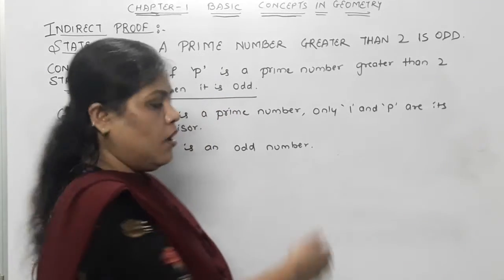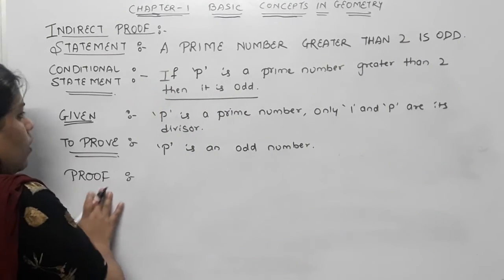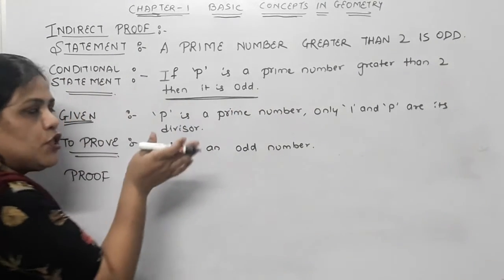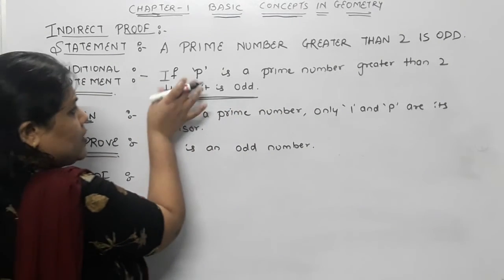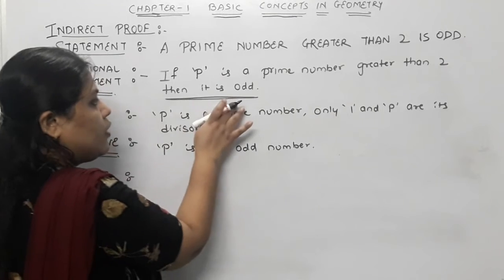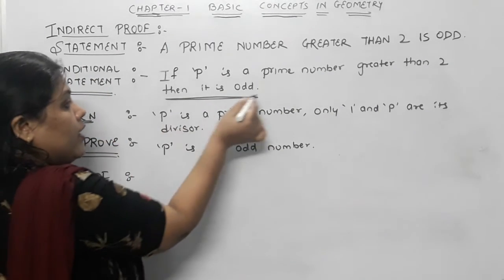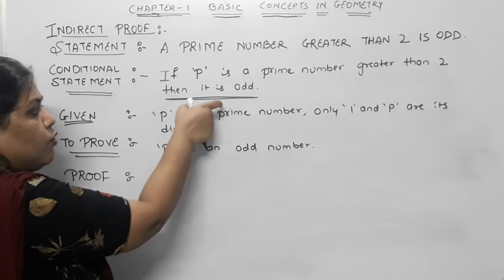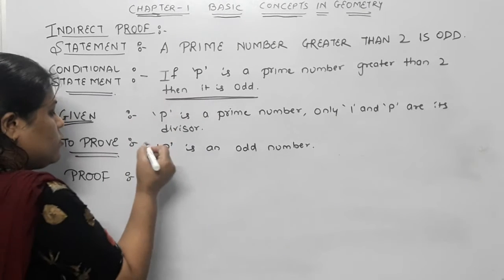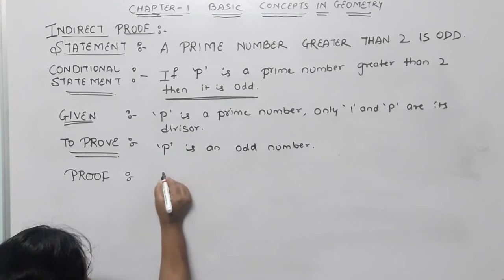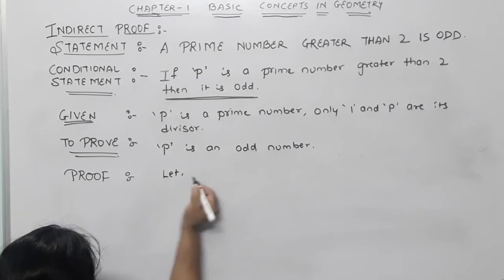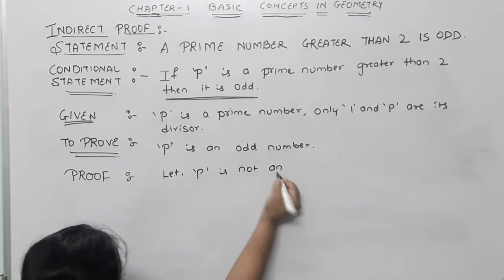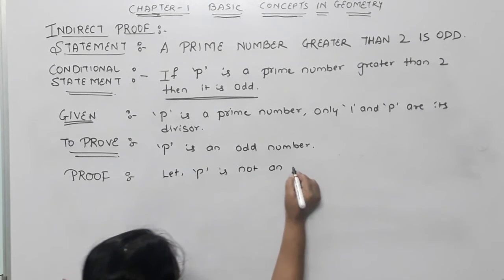Then we'll see how to prove it. Now, as I said, I'll take the consequent part, this part, as false. It means what? It is said that if P is a prime number greater than 2, then it is odd. And I'll take the assumption that it is not odd. Means I have to make the statement false. So here I write, let P is not an odd number.